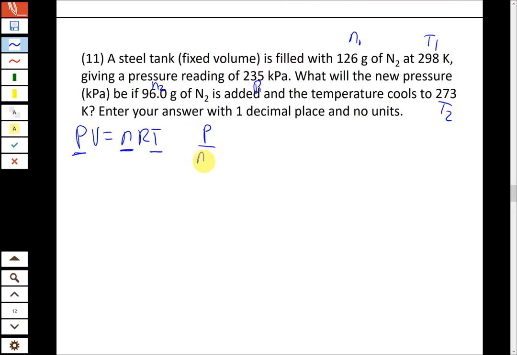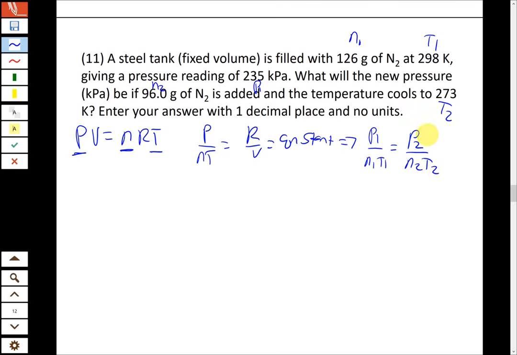P over nT is equal to R over V, which is constant. Volume is the only thing that's constant here in addition to R, which is always constant. So that allows us to derive that this ratio, P over nT, stays constant, so P1 over n1 T1 equals P2 over n2 T2.